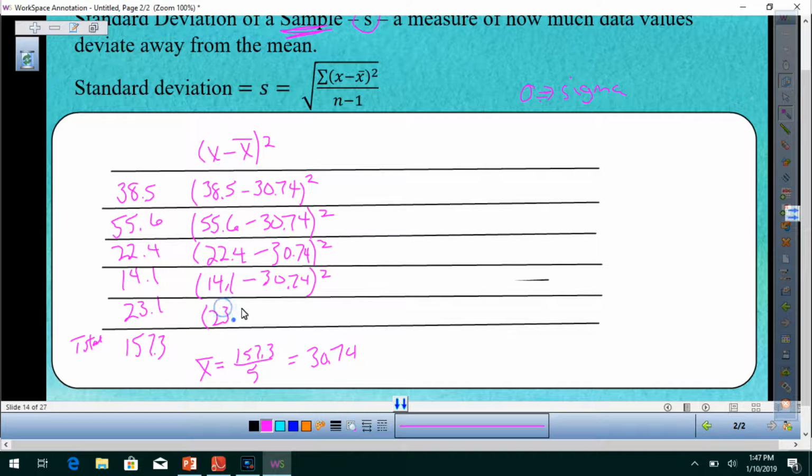And 23.1 minus 30.74, squared. We'll see what those equal.